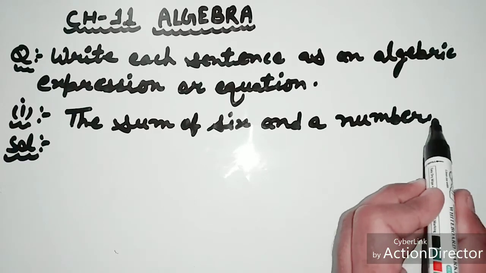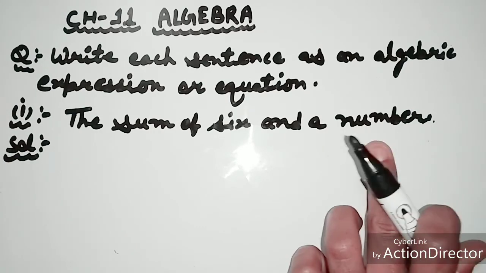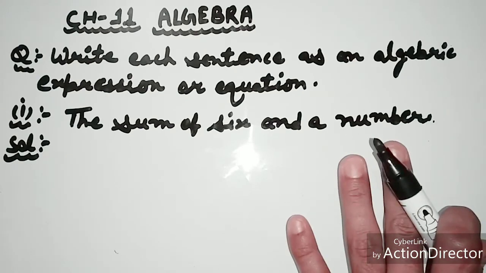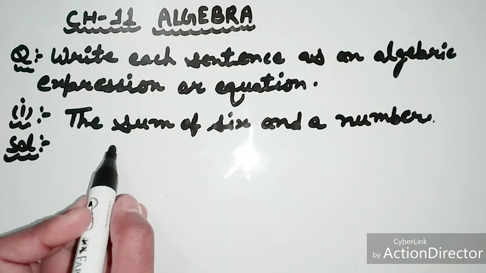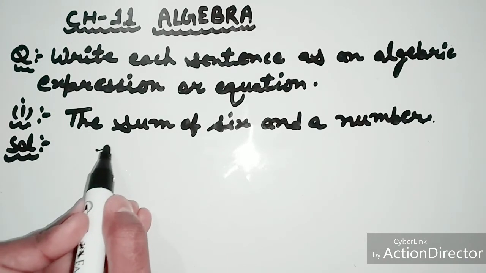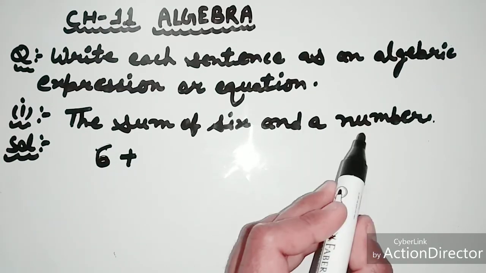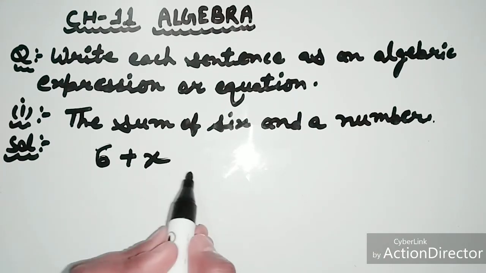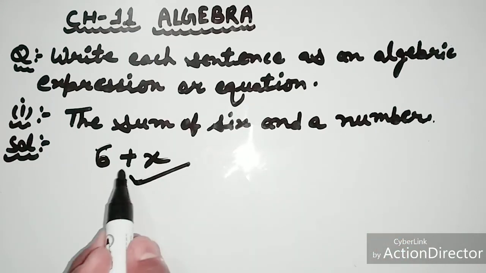In place of a number we take any alphabet like a, x, y, etc. Here the sum of 6 means 6 plus a number. In place of the number we take x. So the sum of 6 and x equals 6 plus x.